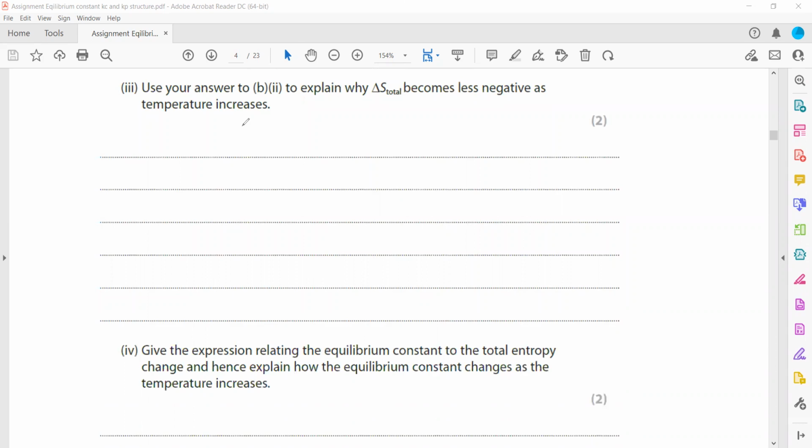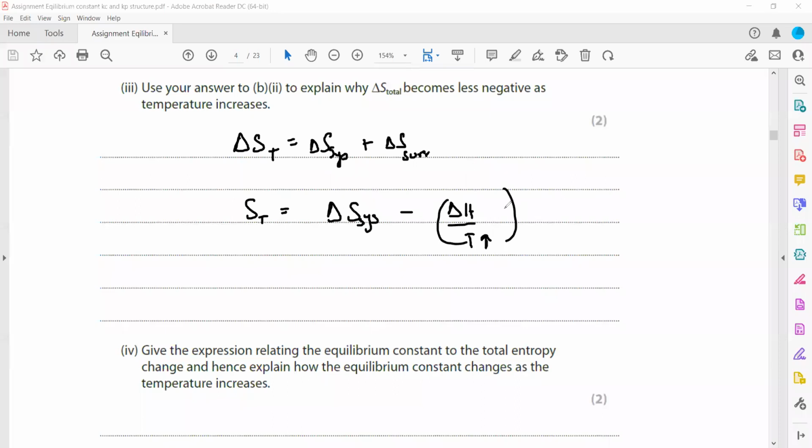So for an endothermic reaction, the total entropy is equal to the entropy of the system plus the entropy of the surrounding. The entropy of the system is like a constant depending on reactants and products. The entropy of the surrounding is minus delta H by T. So what happens when the temperature increases?